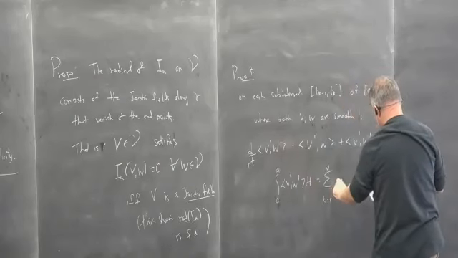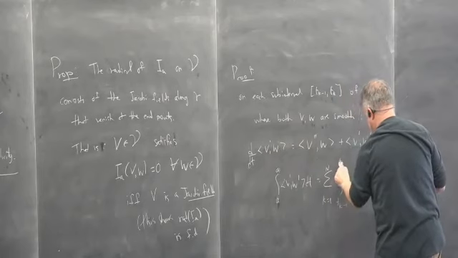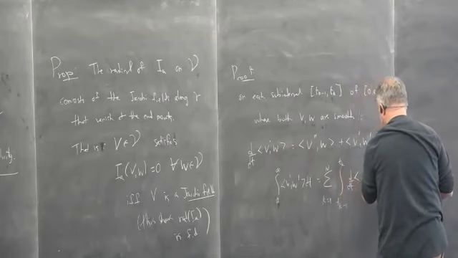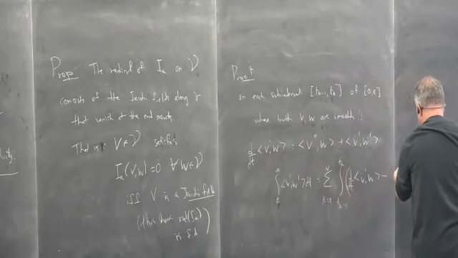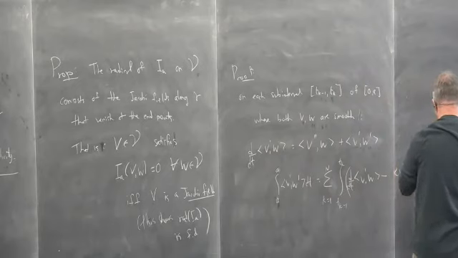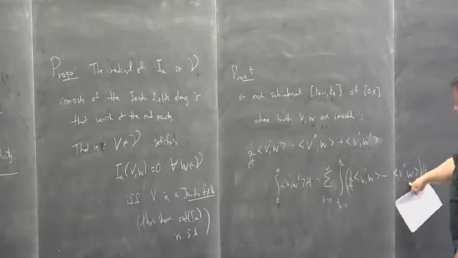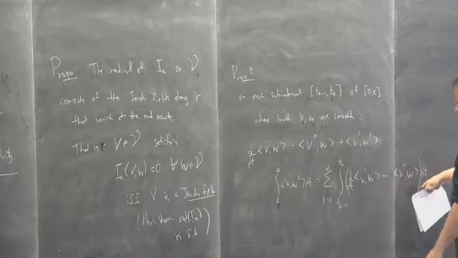So I'm going to have the integral from t_{k-1} to t_k of d/dt <V', W> minus <V'', W> dt. And in the second integral, remember V'' is not well defined at the t_k, right? But that's just a finite number of points. So this integral makes sense.